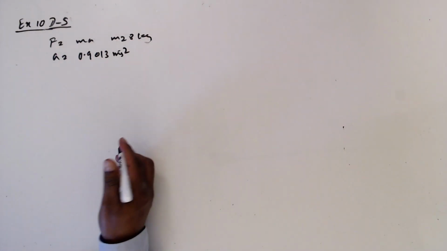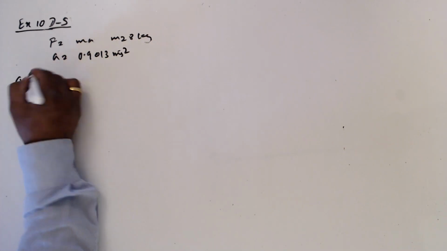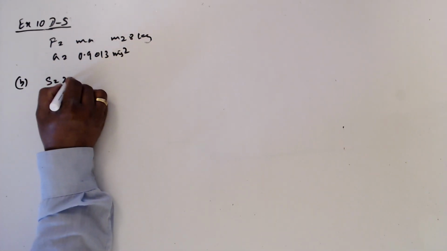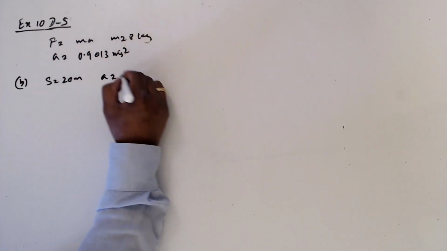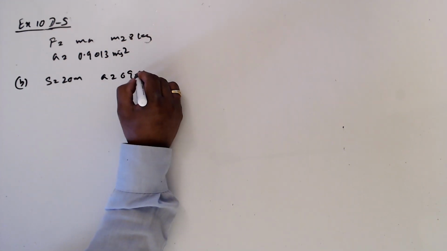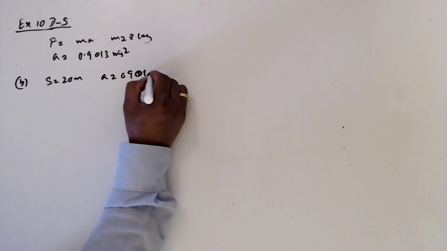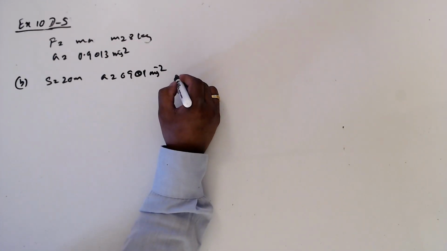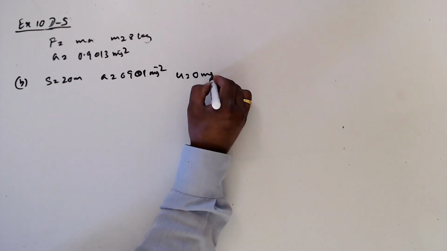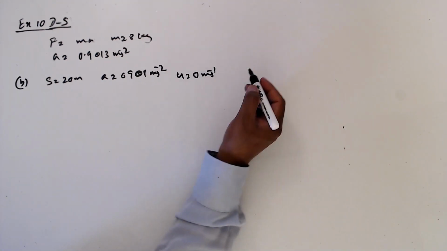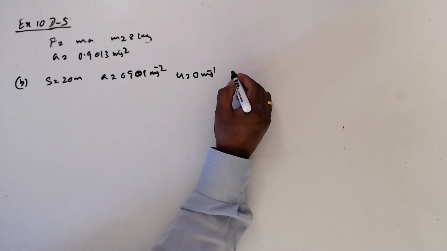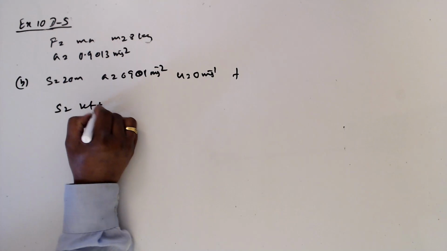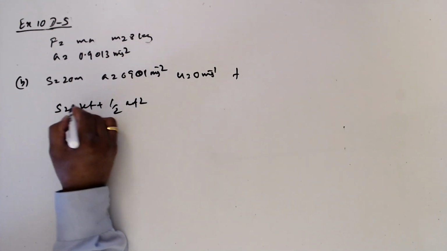Now we need to find part B, the time taken to travel 20 meters. So a equals 0.901 m/s squared, and u equals 0 as it starts at rest, and we need to find t. So s equals ut plus half at squared.